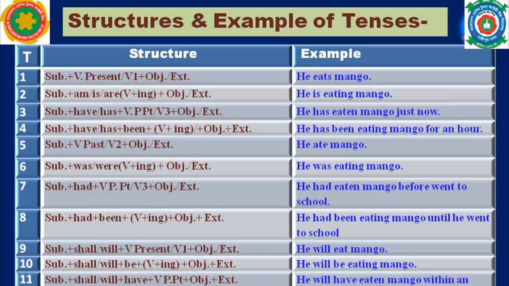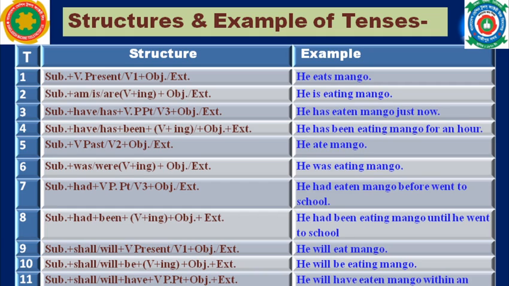Let me clear your doubt, your confusion. Suppose you ate mango yesterday at 7:30 p.m., right? So it is yesterday's occurrence, not today's. Yesterday's occurrence will be past form, simple past form.